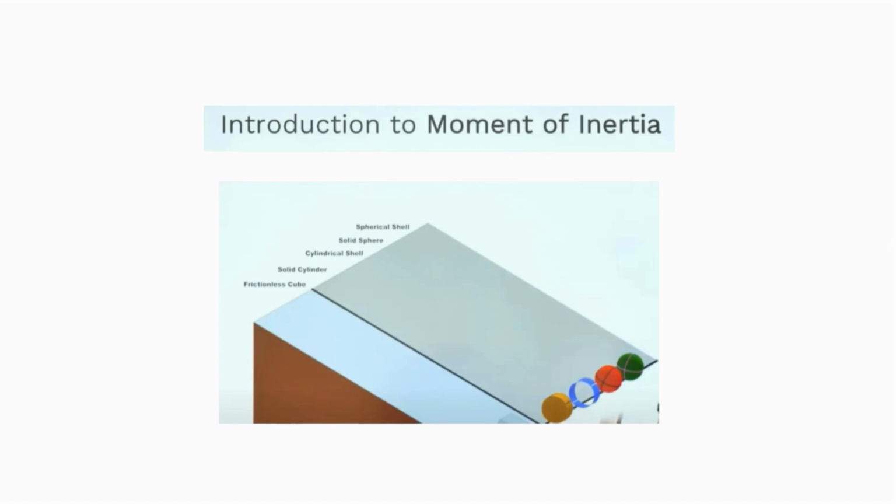To understand these things in detail, the first quantity we should know is moment of inertia. When we were in grade 9, we talked about inertia. We understood that inertia is something that wants to stay in its state.